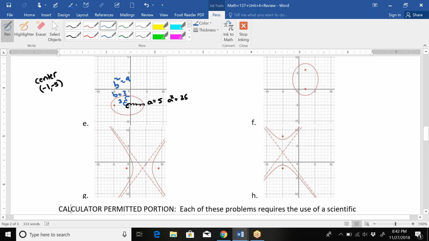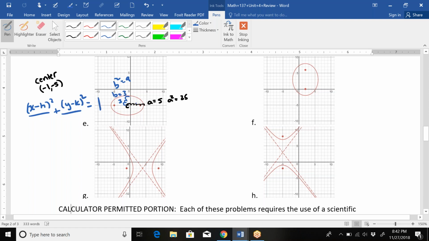Because I'm oriented in the X direction, that means that the bigger one is going under the X value. So remember, in an ellipse, it's always that the leading part is X minus H squared plus Y minus K squared equals 1. The difference is, where do you put A squared?